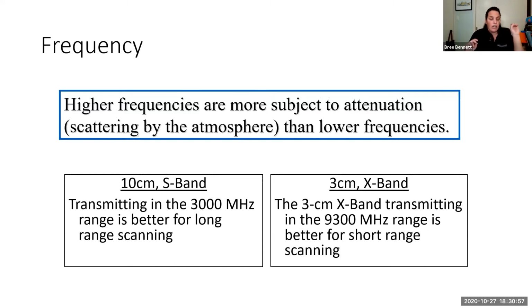I might get a target picked up on the 10 centimeter at 20 miles, but I won't see that one on the 3 centimeter until maybe 10 miles or so. It wouldn't pick it up until a certain distance. Now, if you see something on the radar 10 miles out, that's probably pretty good, right? I'm not saying that if you don't see it when it's 10 miles away, collision is imminent, right?